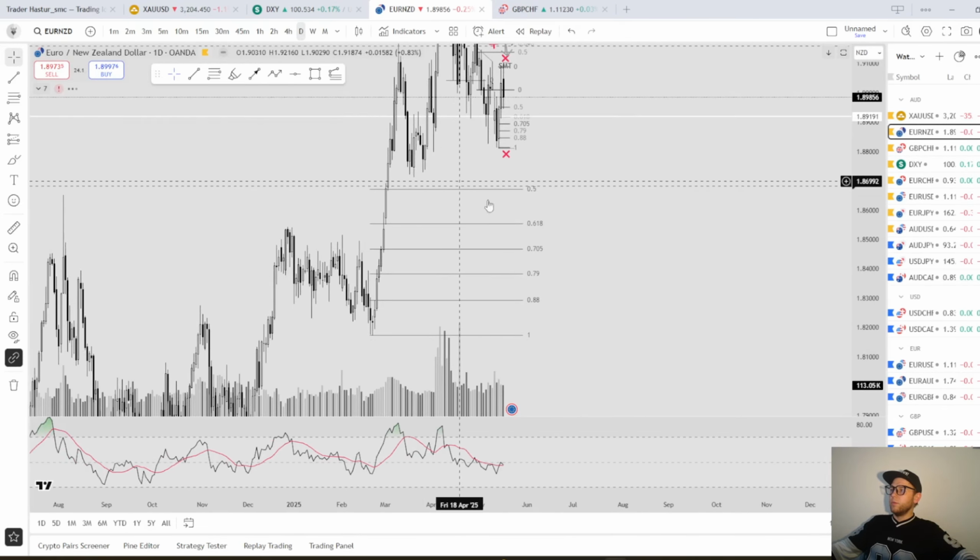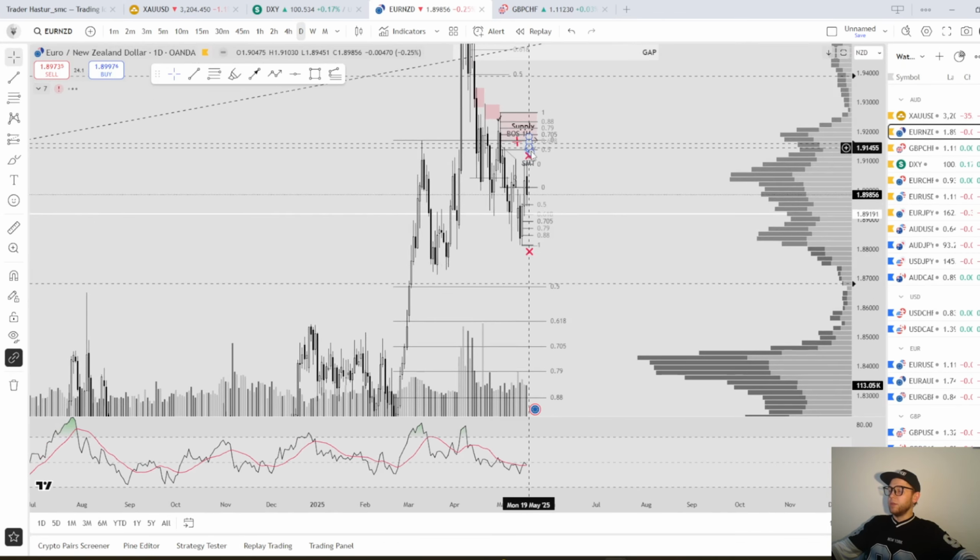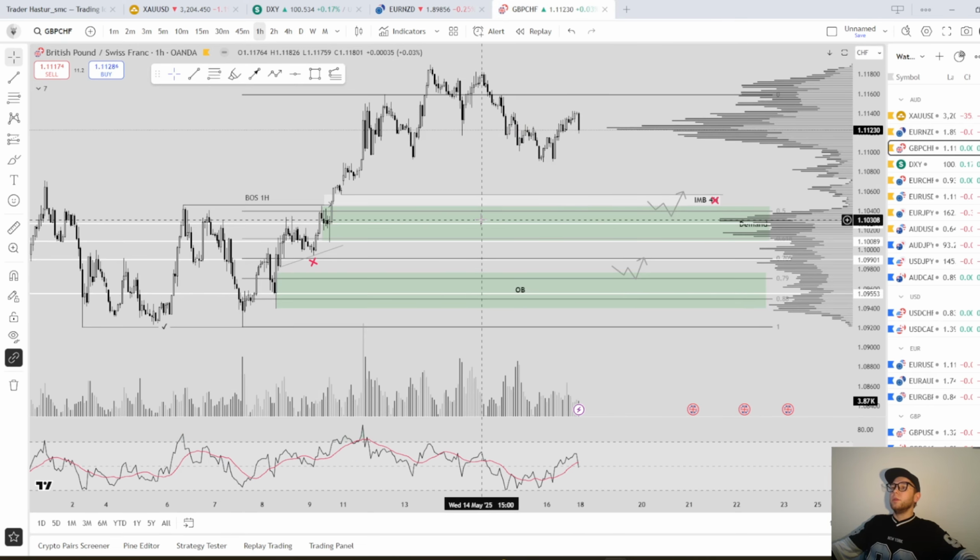So this impulse wasn't mitigated, and we can expect a reversal from our supply zone till the 0.5 Fibonacci level. Let's go to another pair.